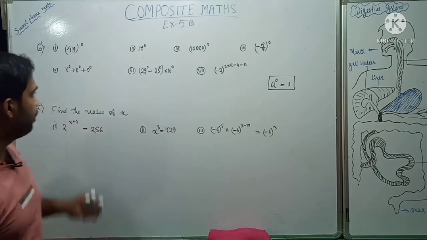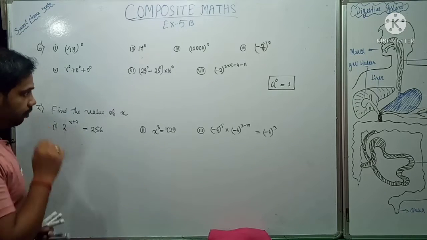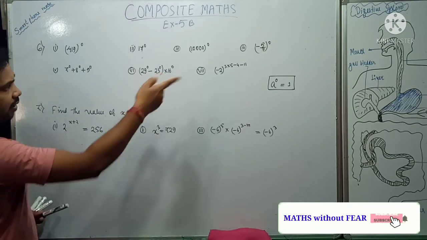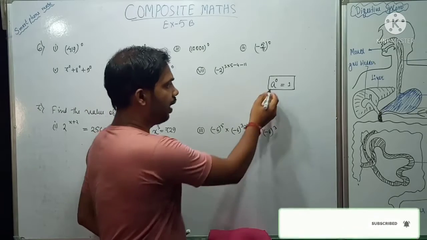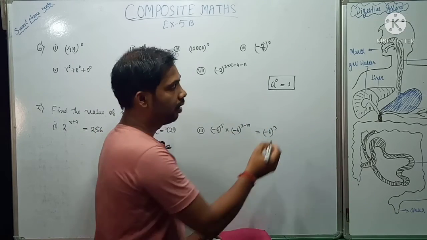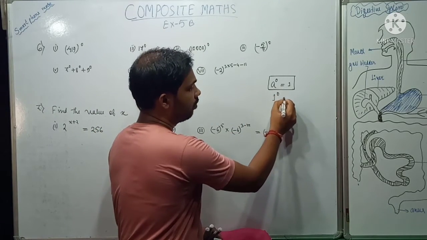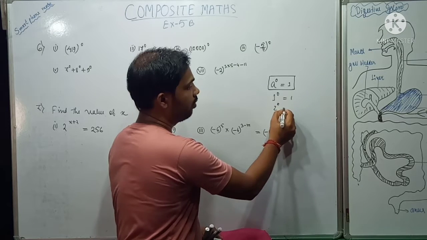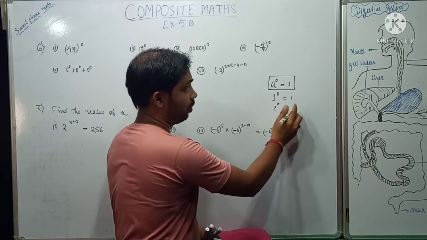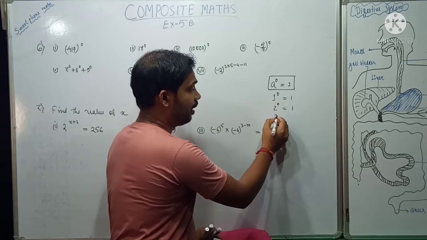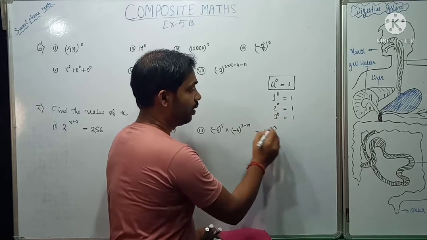So see here, if a power 0, then a can be any number. Then 1 power 0 is 1, 2 power 0 is also 1, 3 power 0 is 1.